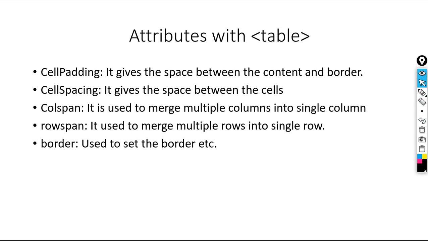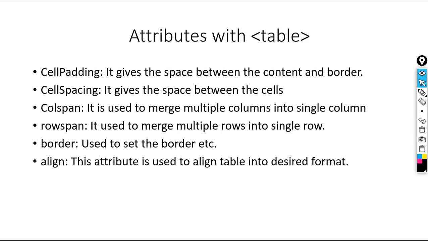Border is used to set the border of the table. How much thickness we want, that we can define with the help of the border attribute of the table tag. Now align. This attribute is used to align the table into the desired format, means where we want our content, left, right or center, that will be defined with the help of align.